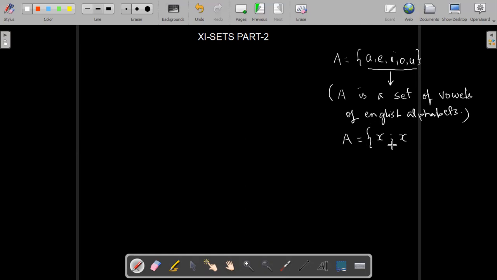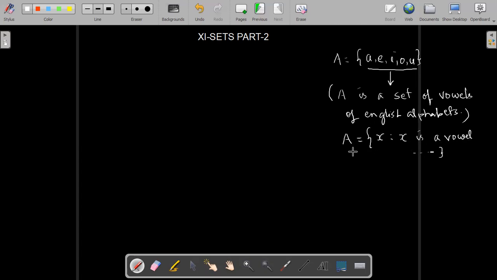This is the sign which is read as such that. x is a vowel, or whatever the property is, you can write the full property: x is a vowel of the English alphabet. I'm writing it here in the singular form, so it is a vowel, a singular property.